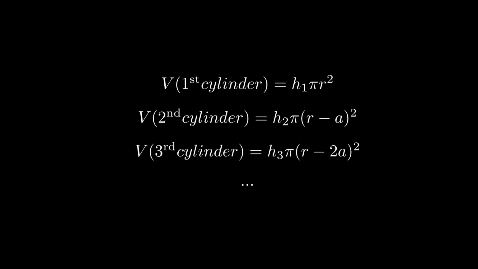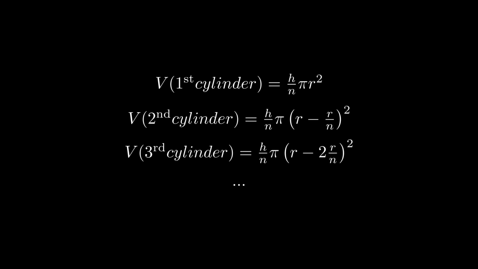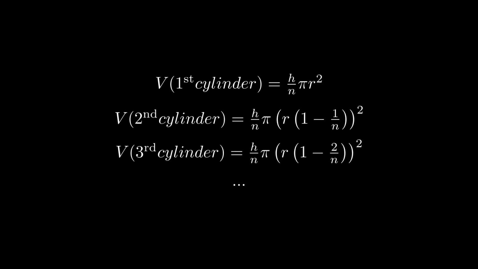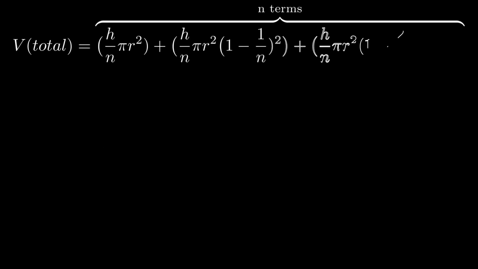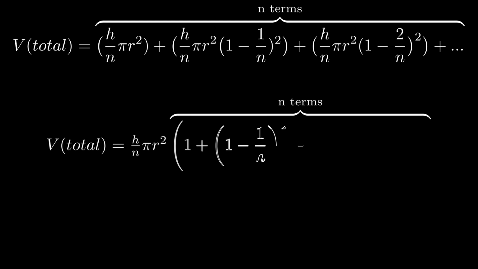Since we know the value of a, let's substitute that in. We can also factor out the r and then distribute the squares. Now let's add up all the individual volumes of the cylinders to get the total volume. In this summation, there will be n terms as we have n cylinders. So, when we factor out the h pi r squared over n, there will be n terms inside the brackets.